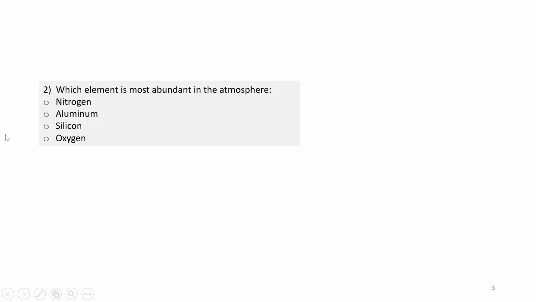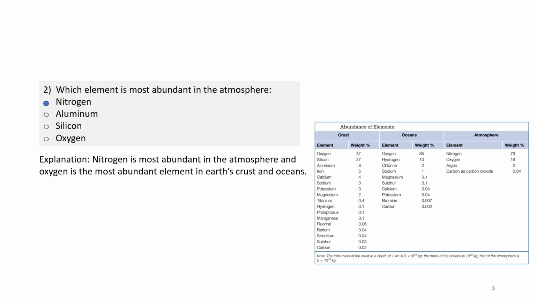Next question is which element is most abundant in the atmosphere? Your options are nitrogen, aluminum, silicon and oxygen. So correct answer here will be nitrogen. In atmosphere you'll be having the gases that are surrounding us. So nitrogen is the highest, 79%.